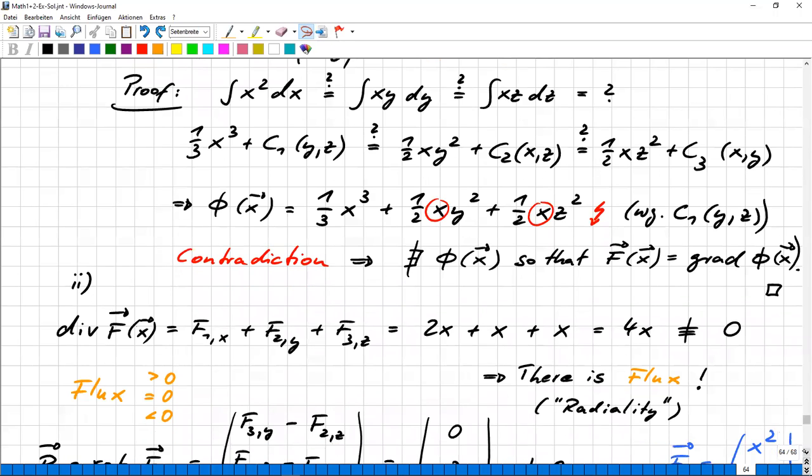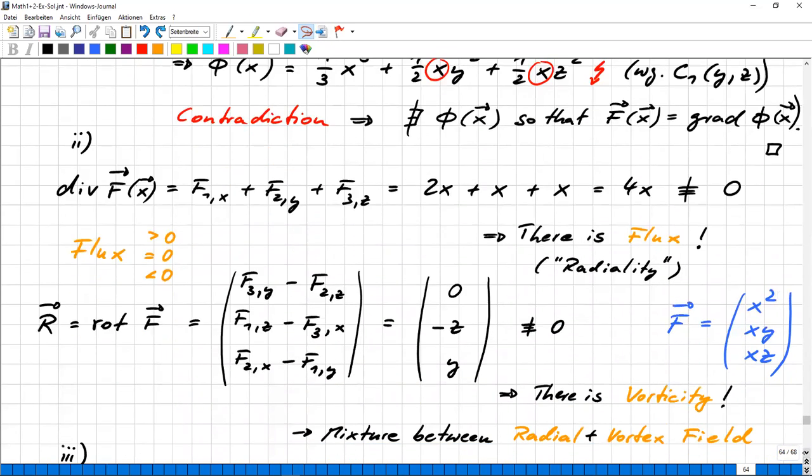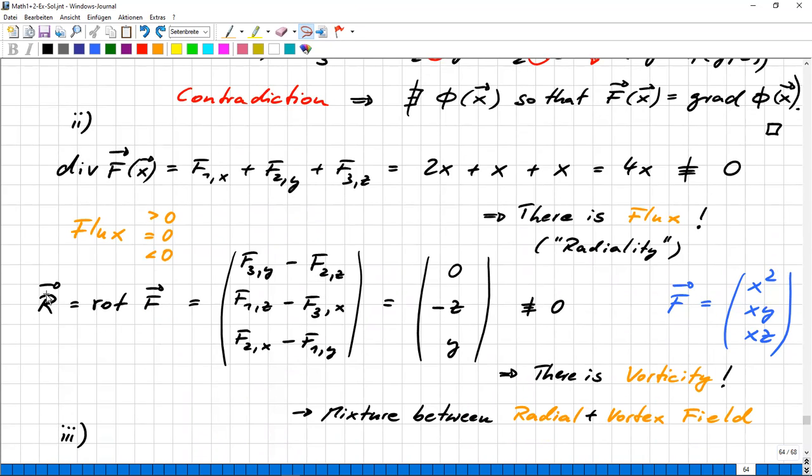Okay, let's proceed. And we see the rotation, now called capital R vector. Short notation, so I'm not always writing field vector of x vector and so on. Well, the rotation of this vector field F equals, same procedure as before, taking the vector product of nabla and field F. Well, I won't explain it again.